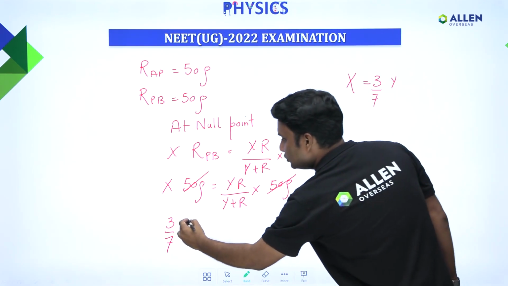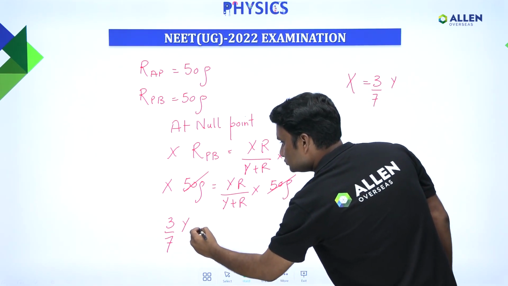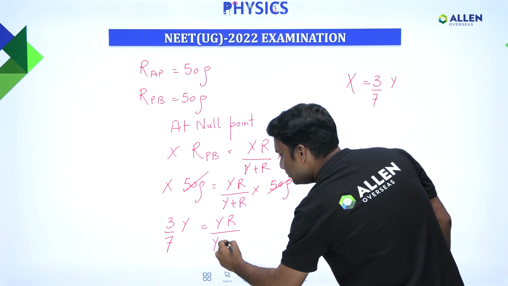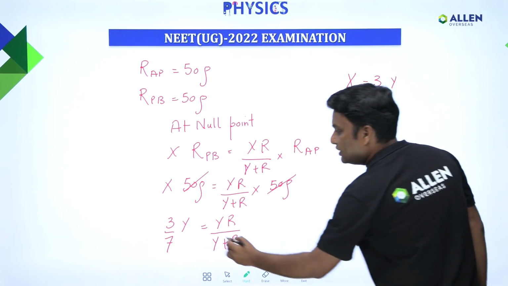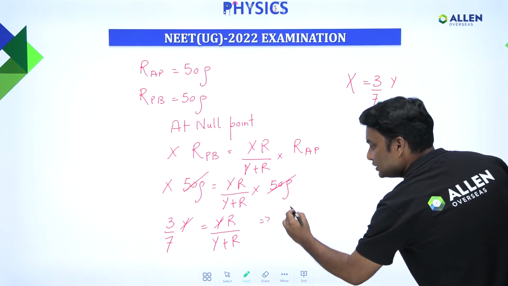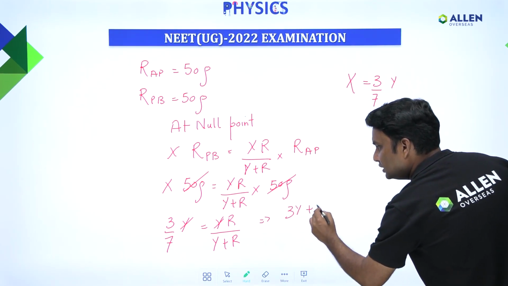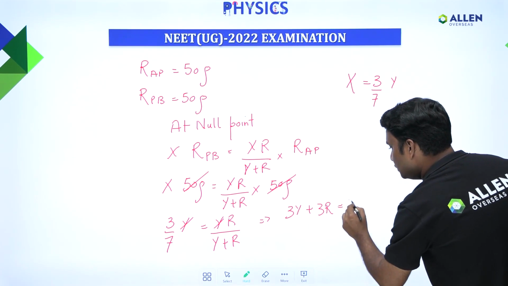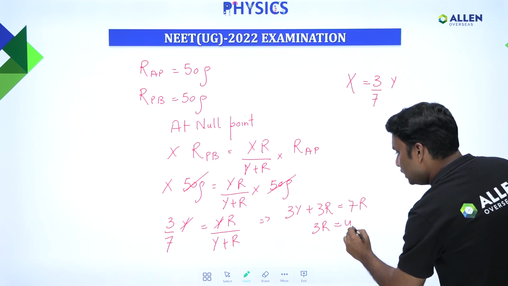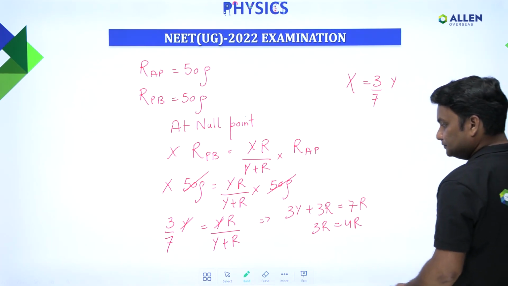So X is equal to 3 by 7 Y, right, is equal to YR by Y plus R. So here again we can get rid of this Y and Y. So now we can do the cross multiplication, 3Y plus 3R is equal to 7R. So I can say 3R is coming as 4R, right?